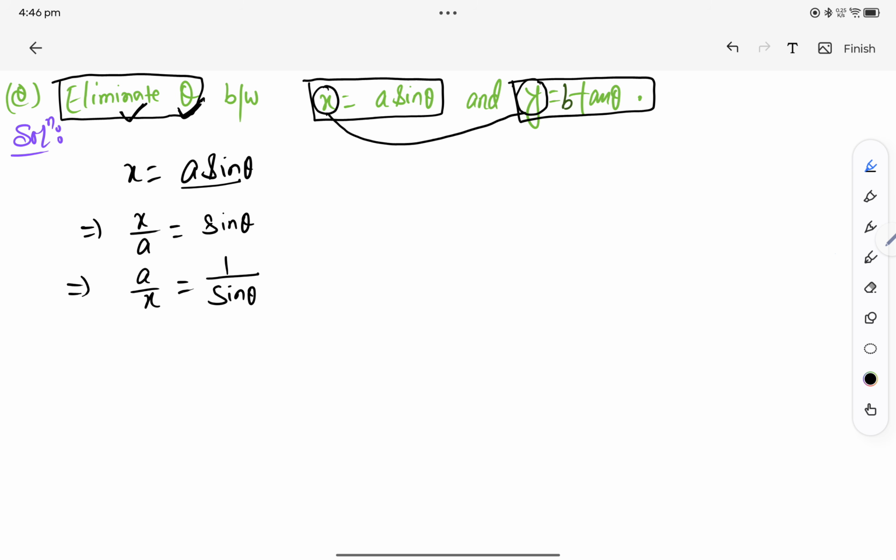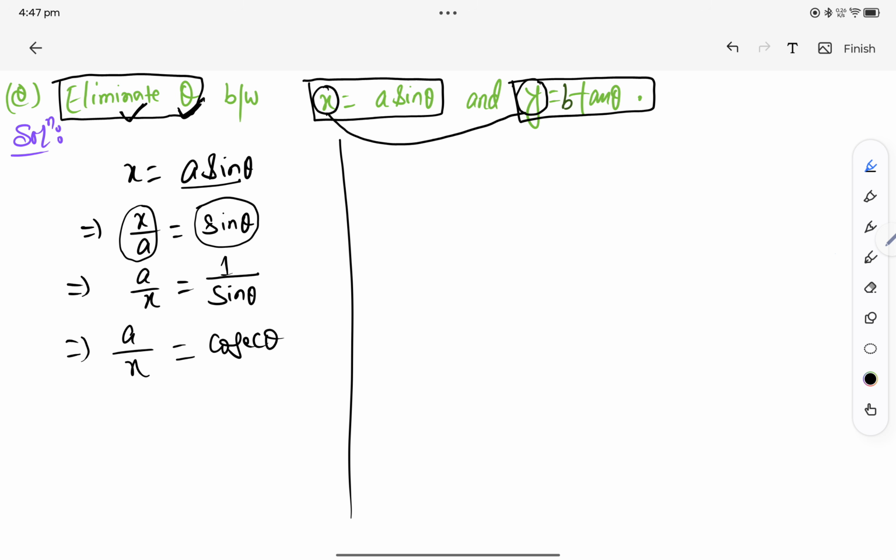So we have taken reciprocal of this expression, so we also take reciprocal of sin theta. You know that reciprocal of sin theta, that is 1 over sin theta, is equal to cosec theta.